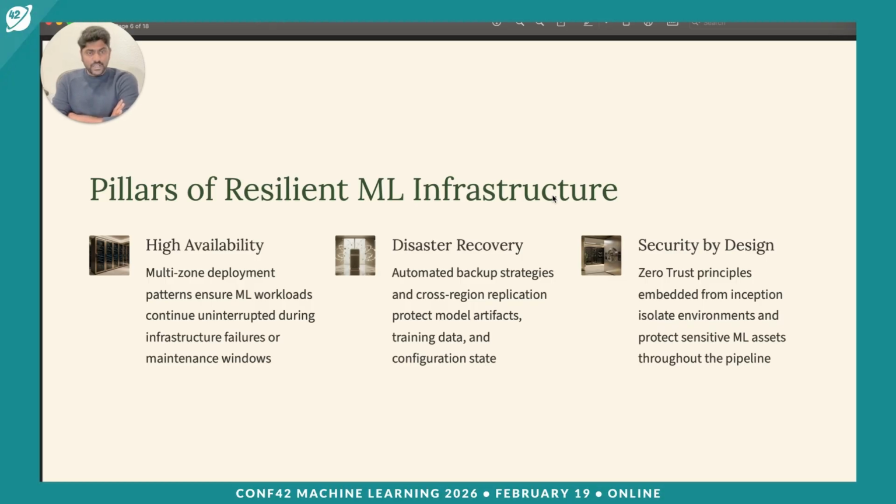And security by design. Yeah, zero trust. These are a must in today's infrastructure, as we are mostly leaning towards cloud agnostic, cloud native, and multi-cloud adoption being top priorities for most organizations.